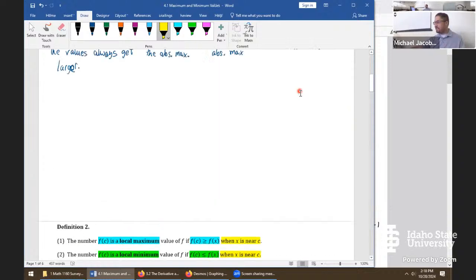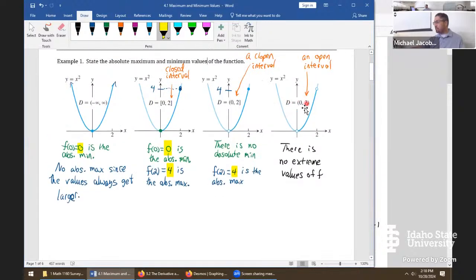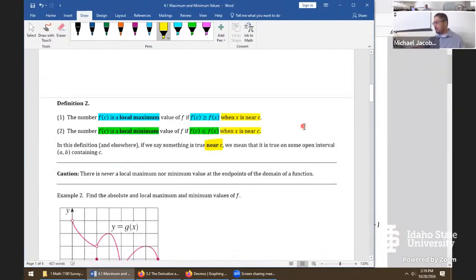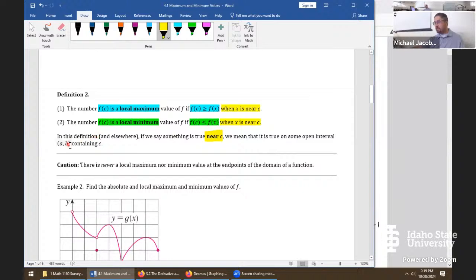Open intervals like this one, for example, there's got to be an open interval (a, b) for which c is on the inside of it. But this also means that the open interval (a, b) has to be contained within the domain of the function.